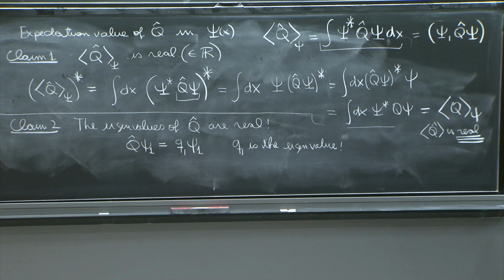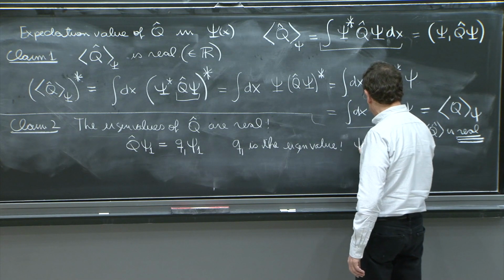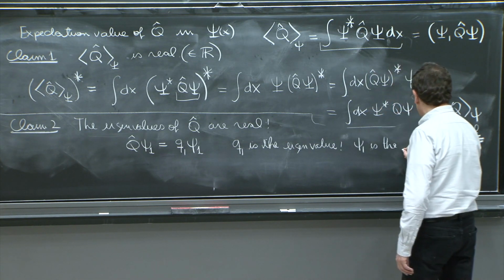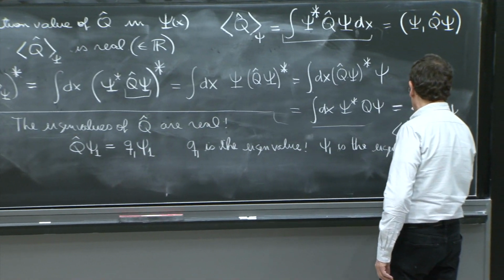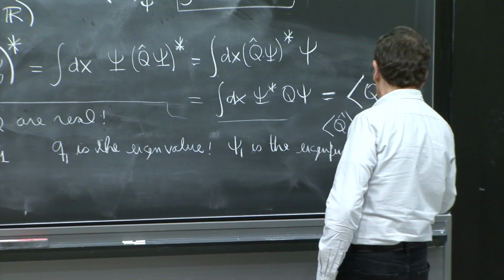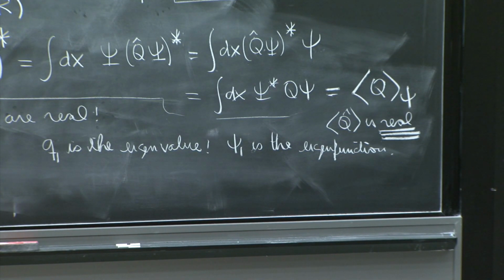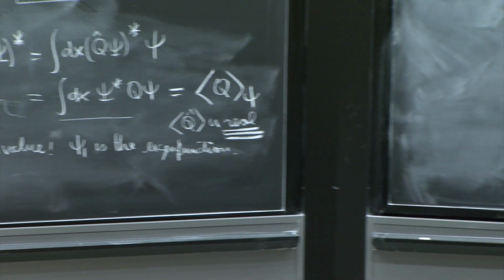That's the definition, and psi1 is the eigenvector, or the eigenfunction. And the claim is that that number is going to be real.